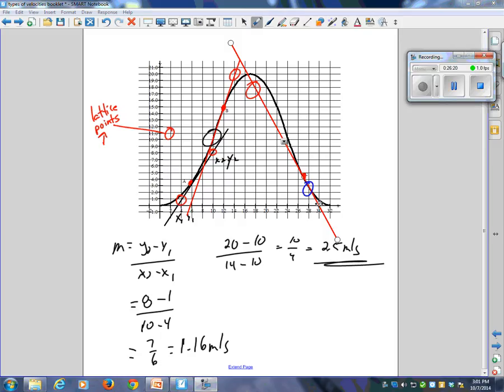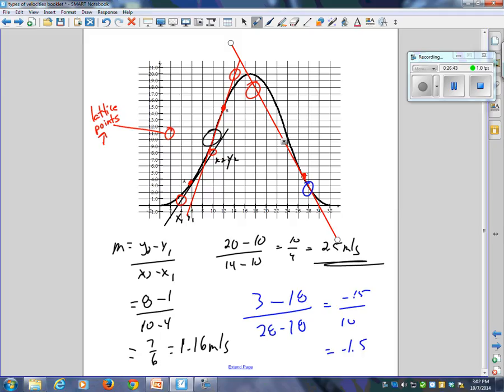I'm going with that one there, which is 3. Y2 is to the right. 3 minus 18, all over 28 minus 18, is minus 15 over 10.